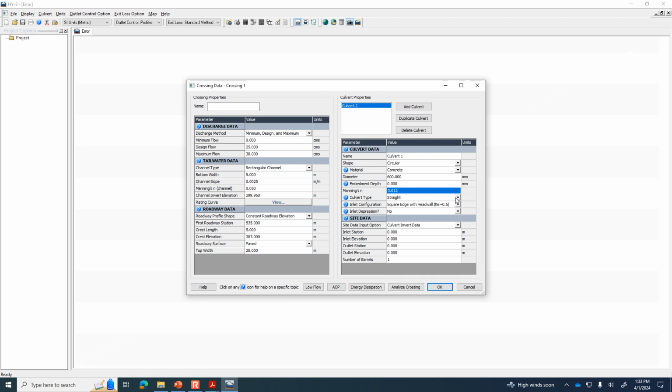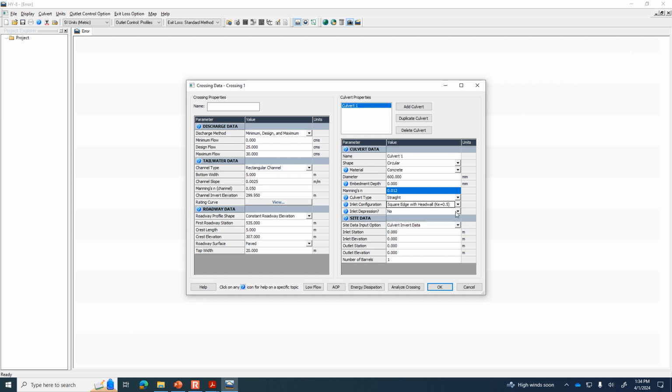We're going to go with just the default options for the inlet characteristics. Here where it says inlet configuration, square edge with headwall is the default. You can see the K value it's applying there is kind of like an inlet energy loss coefficient, so it could have a smaller inlet coefficient if it's beveled or a grooved end projecting and so on. We'll just leave it with the default.